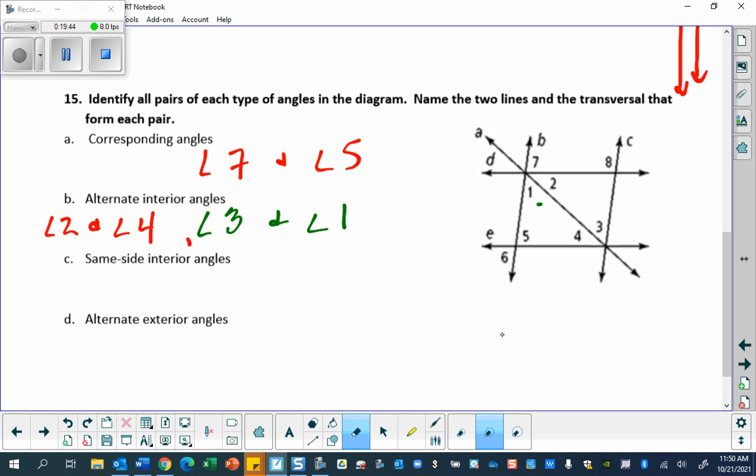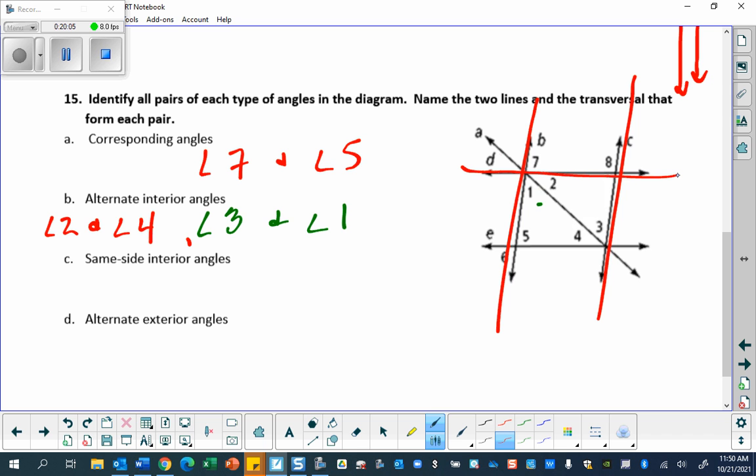Same side interior angles. I see 7 and 8, that's it. So here's the lines, and here's the transversal. I see angle 7 and angle 8.